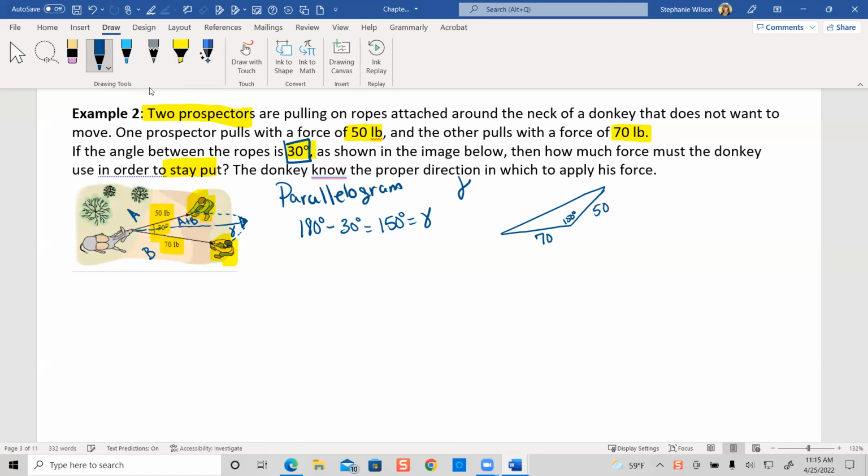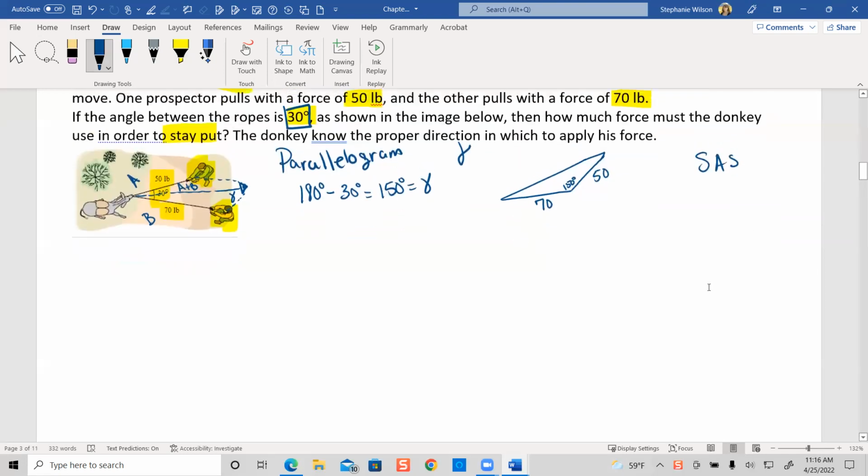So notice that the values of the two sides and included angle are SAS, right? The law of cosines can be used to solve the triangle in which two sides and an included angle are known. So let's use the law of cosines. And when I go use it, I notice that I get gamma. So I want to use c squared equals a squared plus b squared minus 2ab cosine gamma.